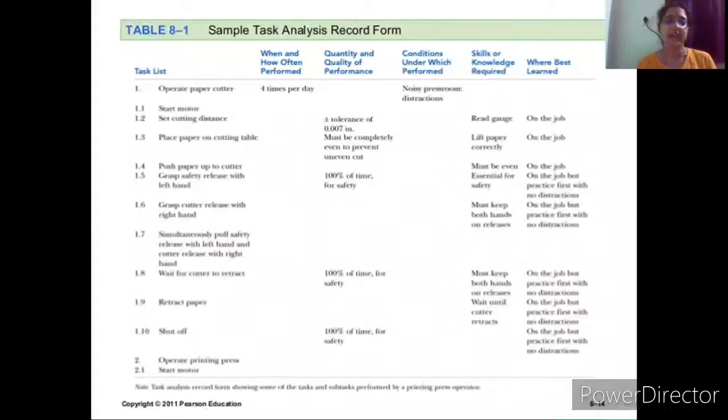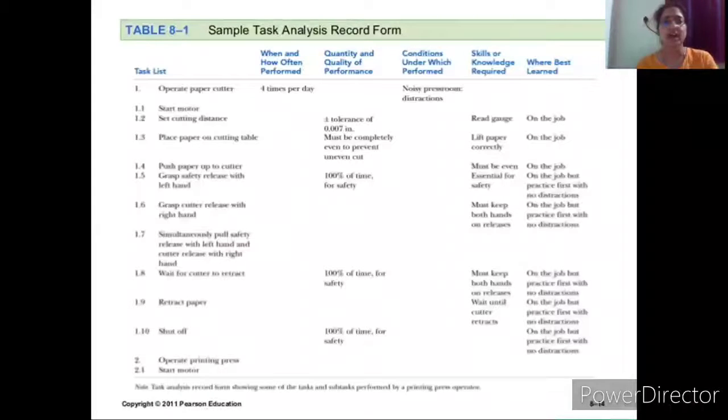So when I'm doing a task analysis or a job analysis, we have listed each of the tasks that go into the operation of a printing press. For each of these tasks, we will see what skill is required, and accordingly training will be given to the candidate.